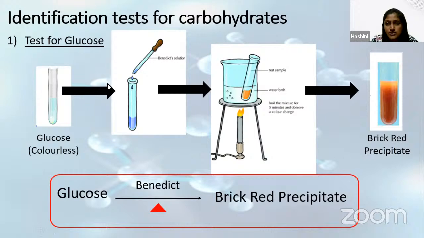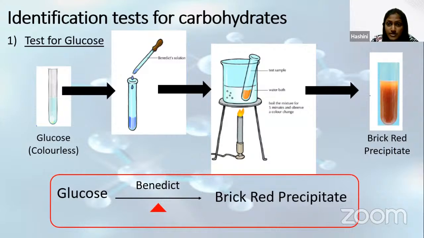The next important step, after adding the Benedict solution, is to heat it. We cannot directly heat it using a Bunsen burner. We have to immerse it in a water bath and heat. Why do we use a water bath instead of heating directly?